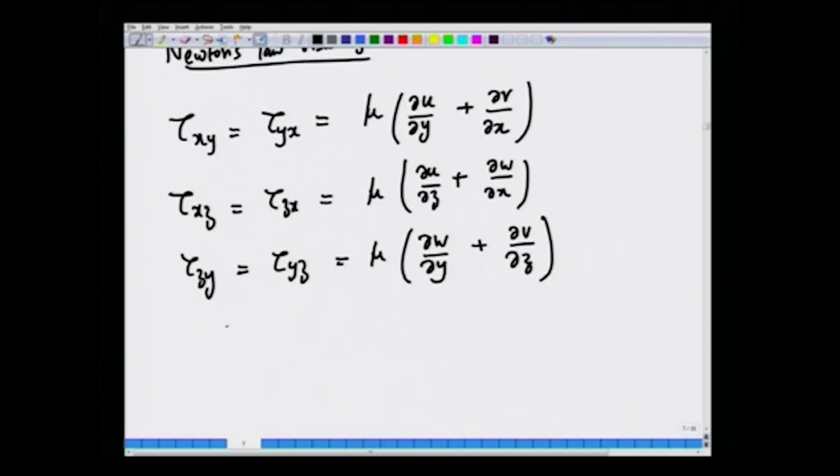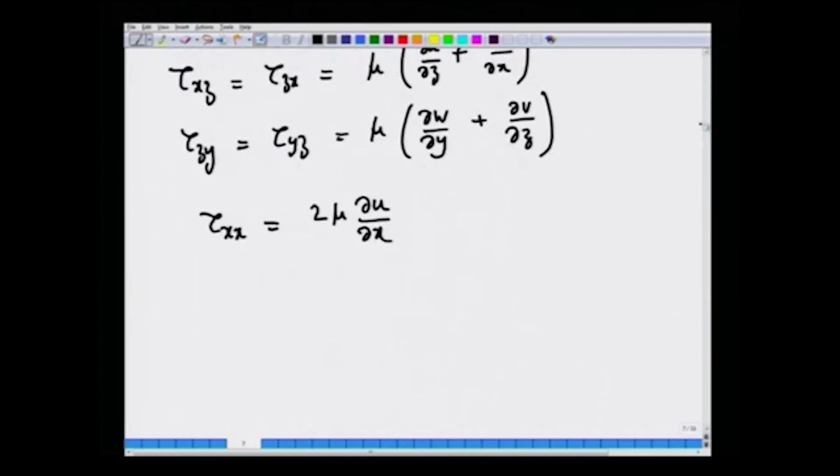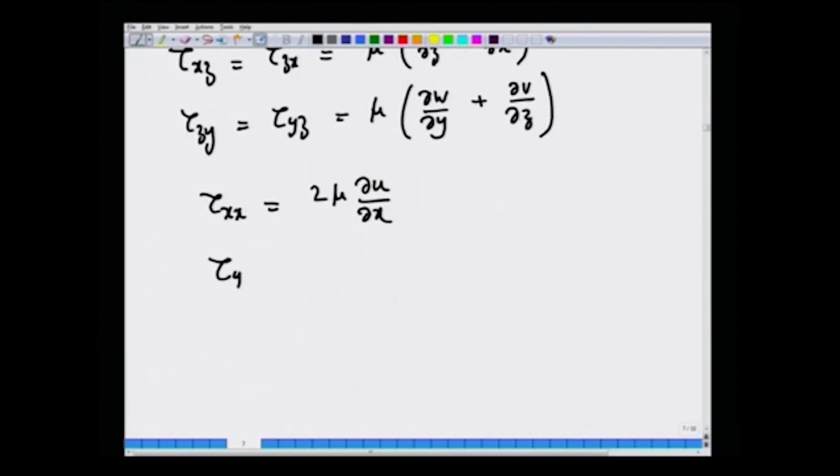And then you have the normal viscous stresses: tau x x is 2 mu partial u by partial x, tau y y is 2 mu partial v by partial y, and tau z z is 2 mu partial w by partial z.